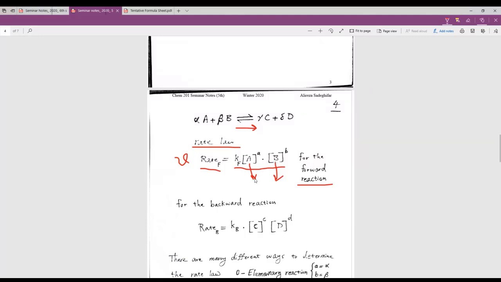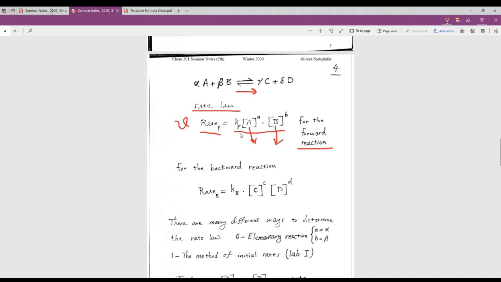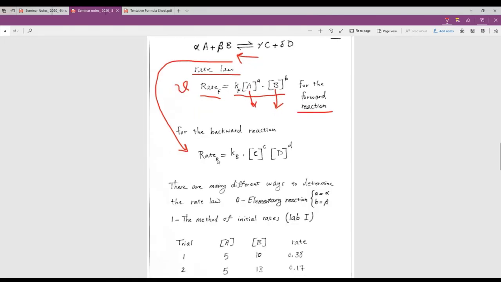We can also write the equation for the general rate for the backward reaction. So let's say we have only the backward reaction. What is the general rate for the backward reaction? I intentionally put B here, which means backward.